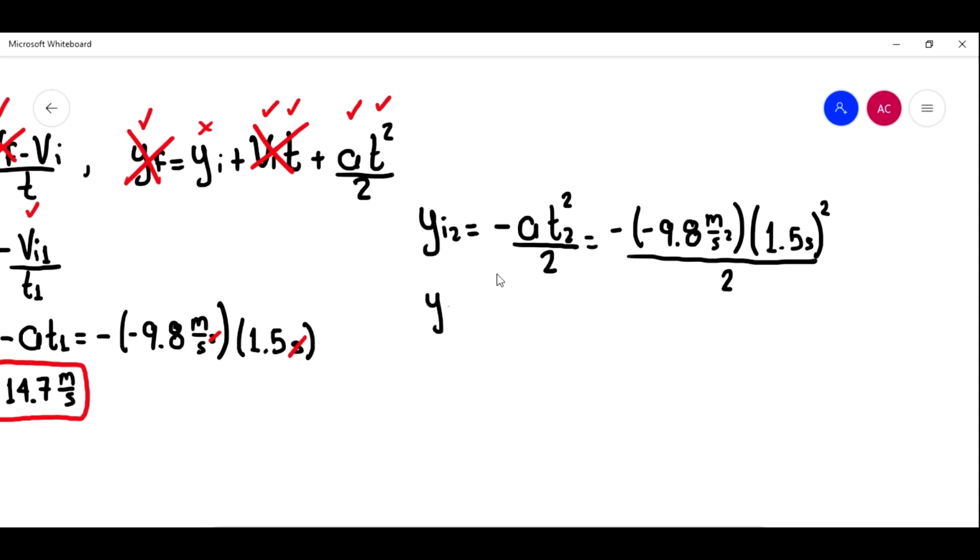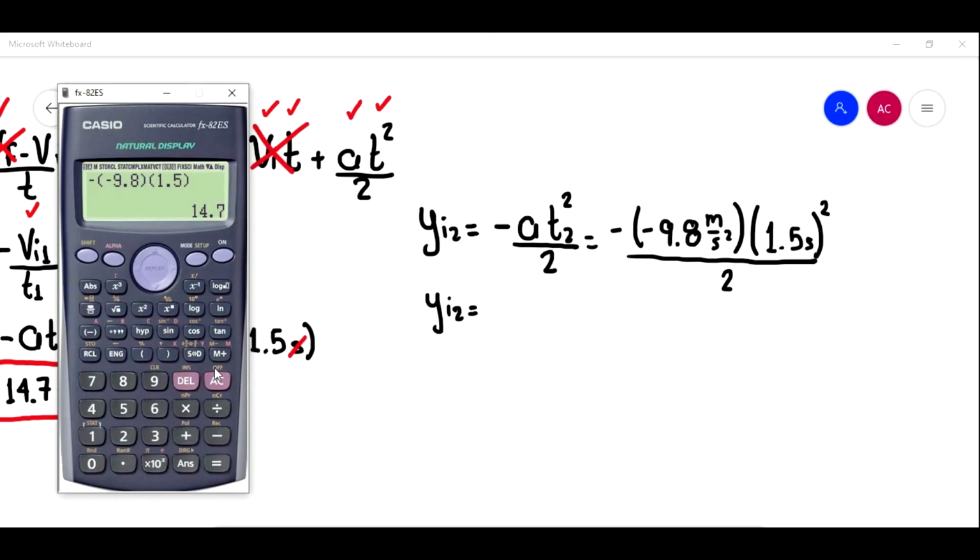So the initial position of segment 2, that is the maximum height, is negative 9.8 times 1.5 squared over 2.